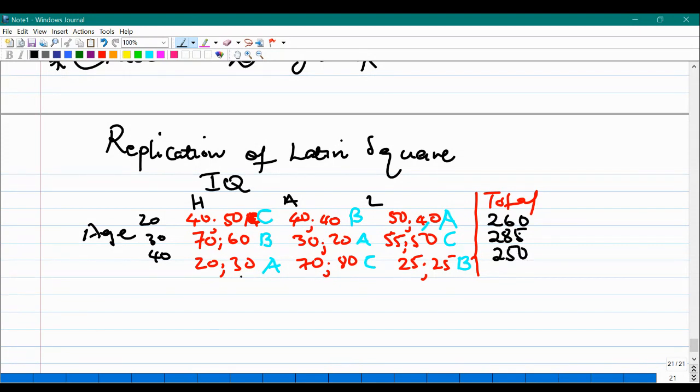And for the columns, let's go, guys, for the columns. Then we have those values there: 270, 280, and for the treatment, 245. And then the grand total? 795.